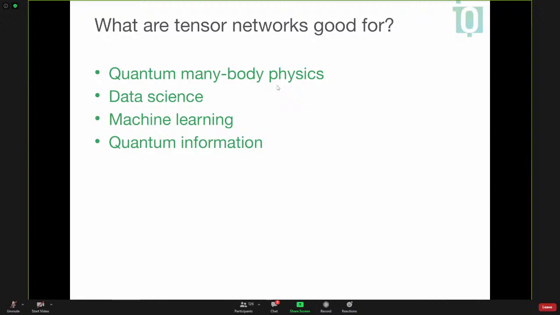Okay, so I showed you what tensor networks are, and now I would like to show you practically how they look when you try to actually represent computations as tensor networks.